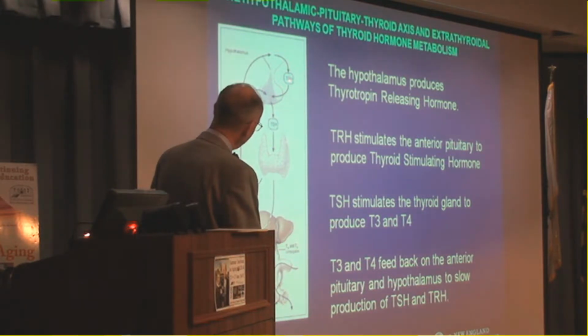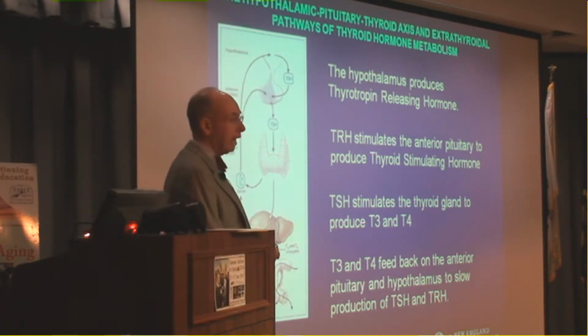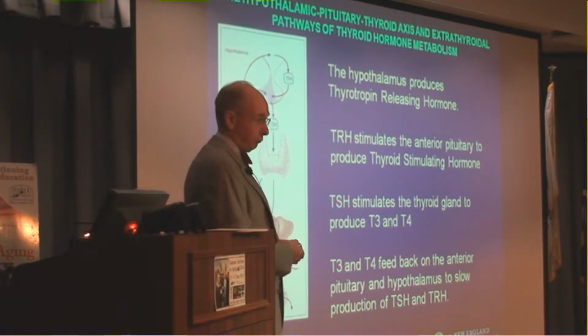It says, hey, we need some thyroid. Okay, great. Thyroid stimulating hormone. Okay, thyroid, do your stuff. Thyroid makes thyroid hormone. Says, okay, we got enough. Feeds back on the pituitary, feeds back on the hypothalamus. Okay, we can shut it off now. So it's very, very highly regulated, but wonderfully regulated.